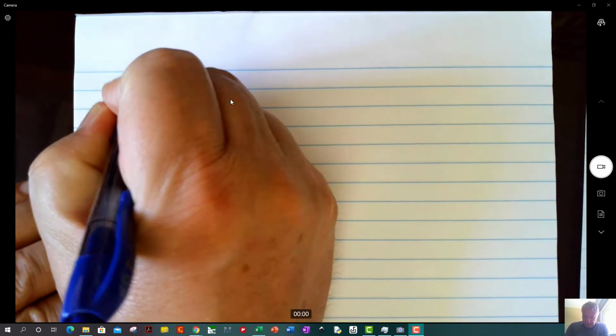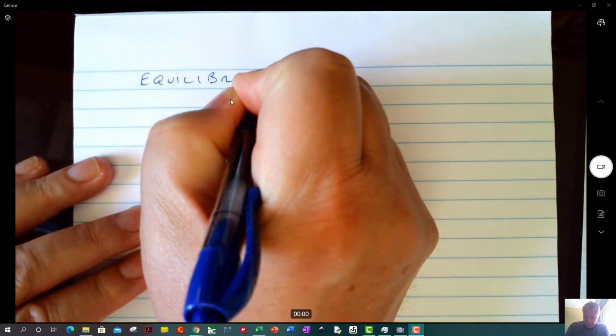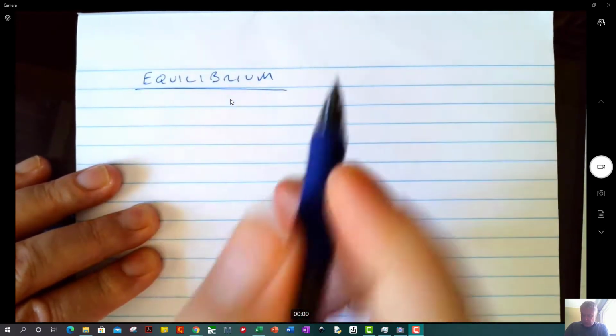So, equilibrium, what does it mean here? Equilibrium. In chemistry, equilibrium means that a chemical reaction can go forward and back, and does go forward and back.